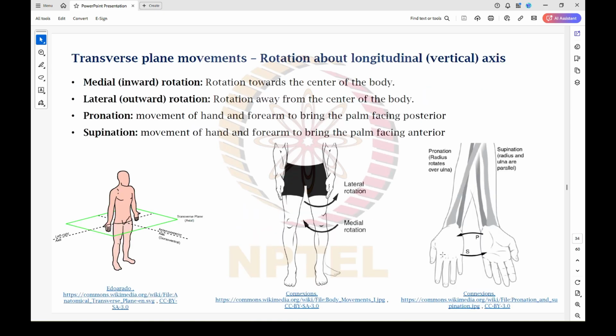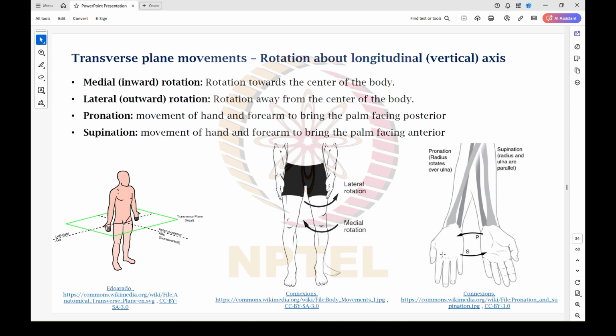Okay. Coming to transverse plane movements, which is the plane that divides the body into top and bottom halves, and the axis in line with this plane is the anterior-posterior and left-right axis.